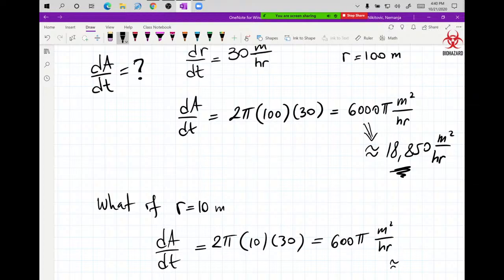And now that's about 1,800 meters square per hour, because we're just knocking a zero down. So you see that the affected area is less, obviously, and we are keeping the same inflow of oil because we haven't plugged the hole yet.